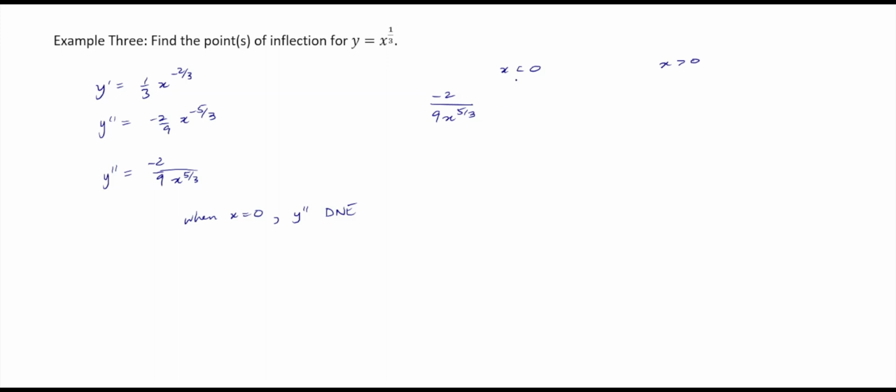Values of x below 0 would make this positive. Values of x above 0 would make this negative. And so therefore, after 0, it's concave down, and then right at 0, it's concave up. So (0, 0) is a point of inflection.